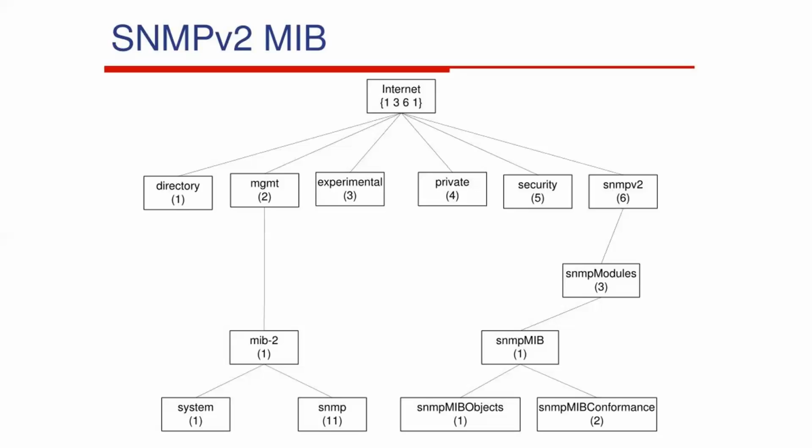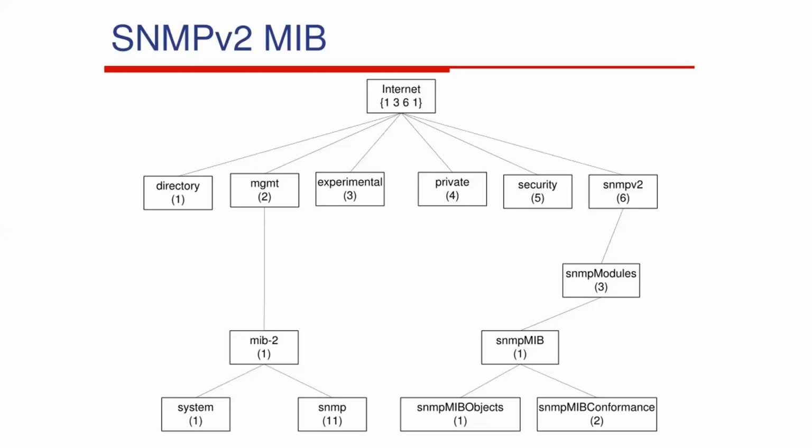The MIB module of SNMP MIB objects addresses the new objects introduced in version 2, the last one in the diagram at the bottom right end, as well as those that are obsolete. This is primarily concerned with the trap, which has been brought into the same format as other PDUs.